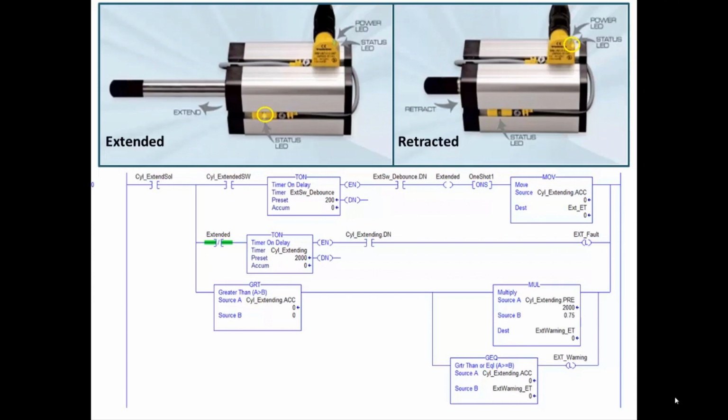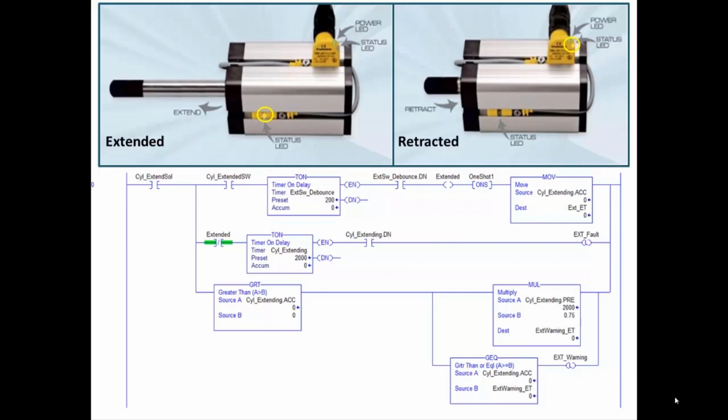So I'm using sequential code here to reduce the number of total instructions. So the very first true if on, cylinder extend solenoid, is actually monitoring a bit that controls the output to the solenoid valve that shifts the spool to extend the cylinder.